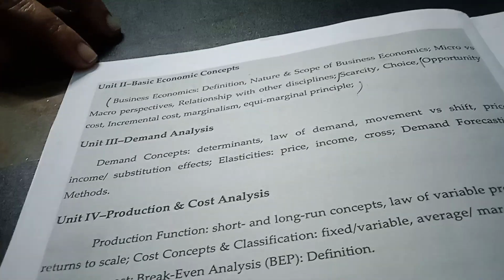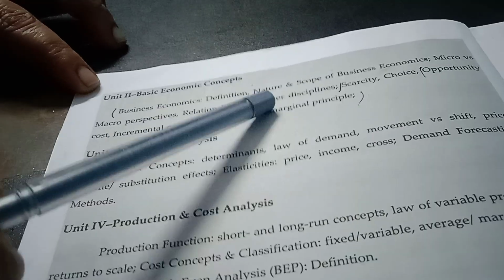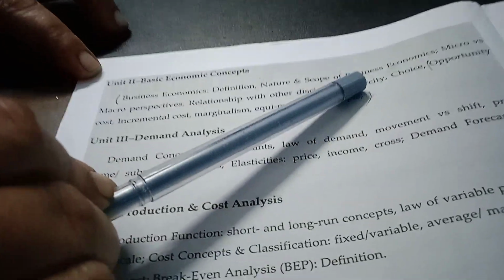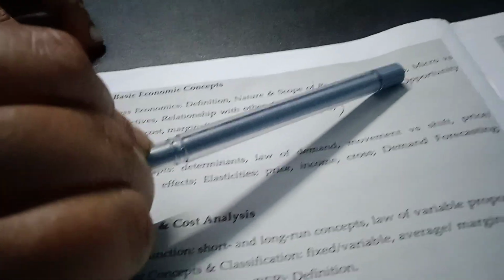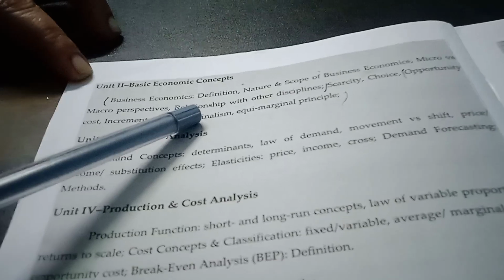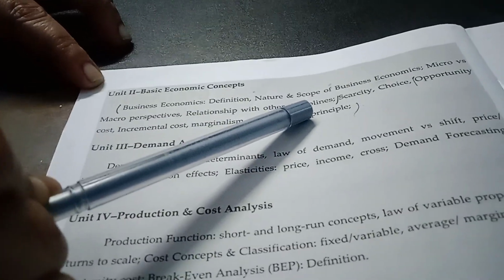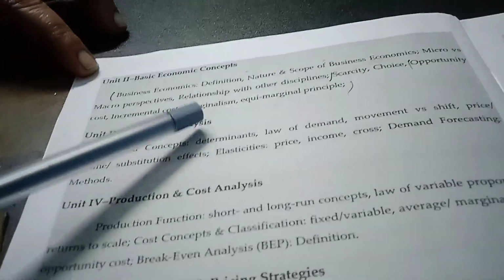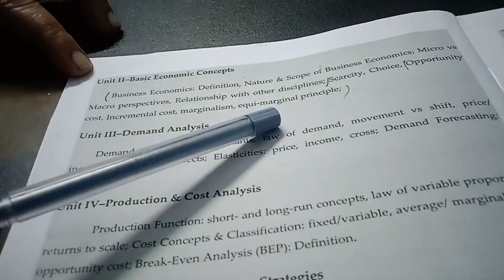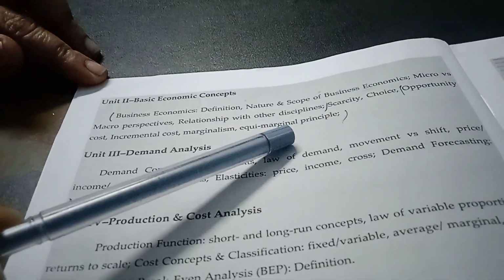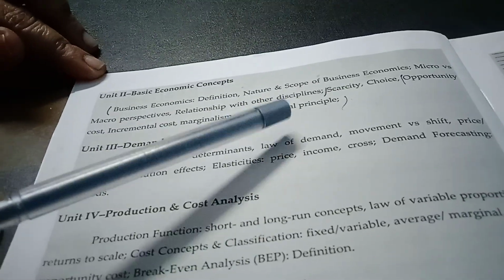The suggestion for the students is to go with chapter 1, because the most important topic is the nature and scope of business economics. Second, the difference between micro and macro concepts. Similarly, the third question we can expect is relationship with other disciplines. Similarly, for opportunity cost, incremental cost, marginal, equimarginal, mostly we may expect either one question, theory of business economics, a 4 marks question only.